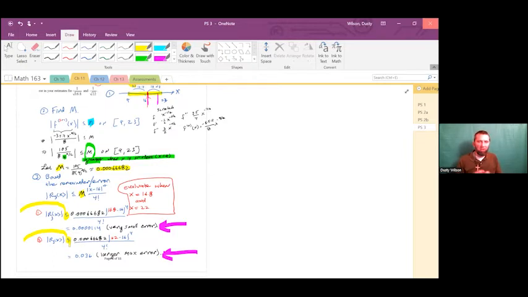So that's why this error bounding remainder theorem is so valuable. It gives us a maximum worst case scenario for our error without requiring that we know the exact value, which is the very thing that we don't know. Otherwise, we wouldn't be doing this estimating in the first place.